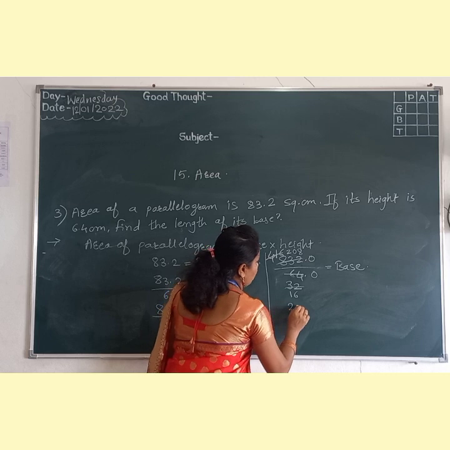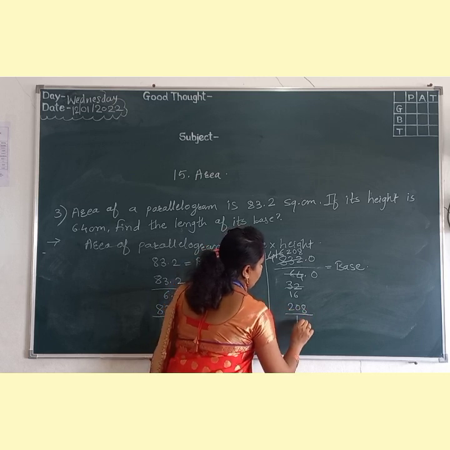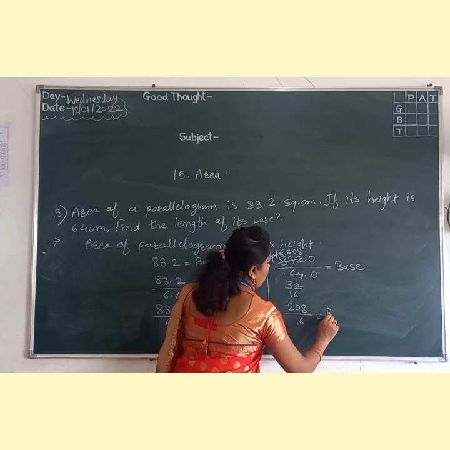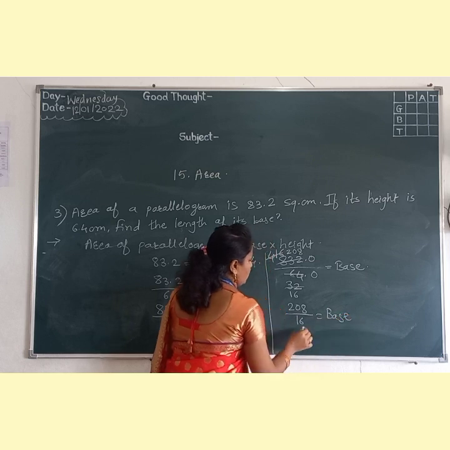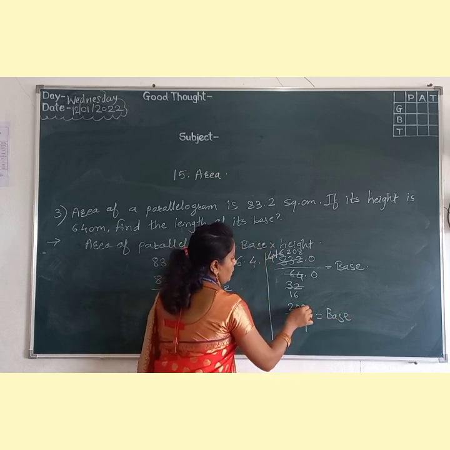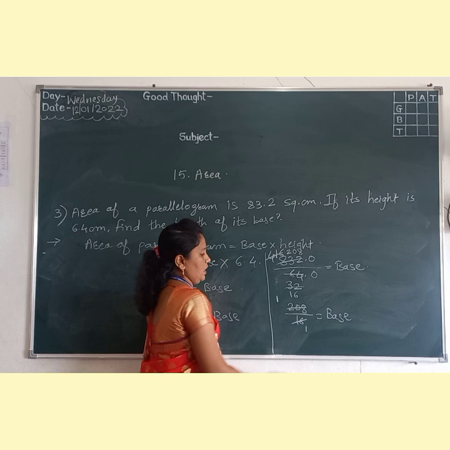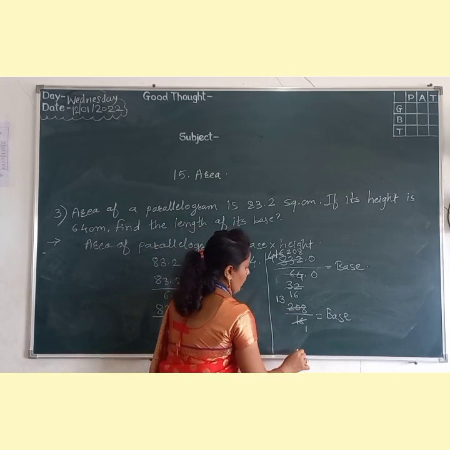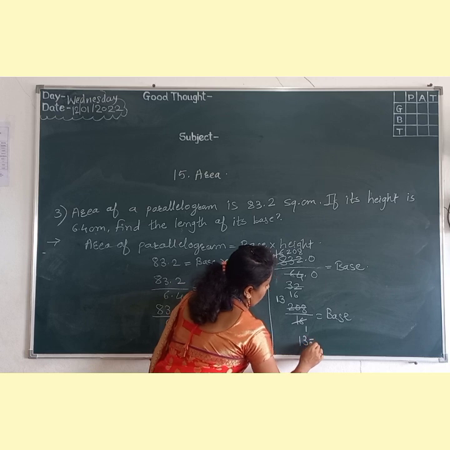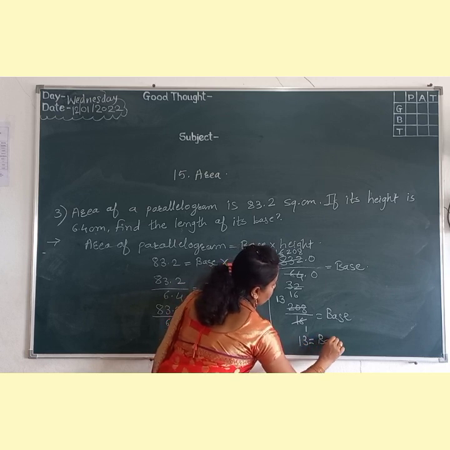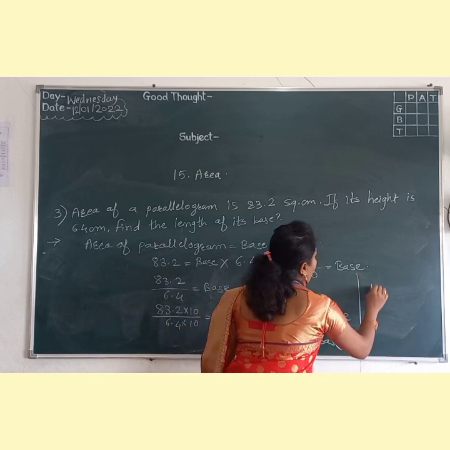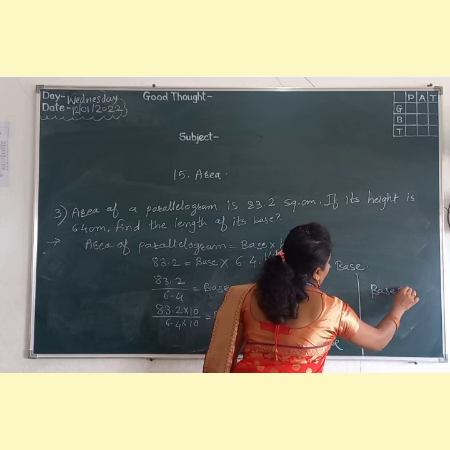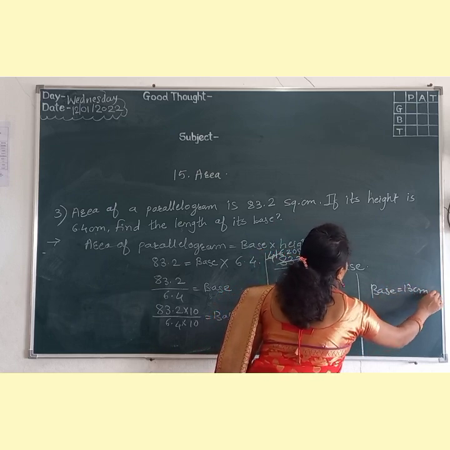Then the number will be 208 divided by 16 is equal to base. 16 ones are 16, remaining 4, 16 3s are 48, therefore 13 is equal to base, or the value of base is 13 centimeter.